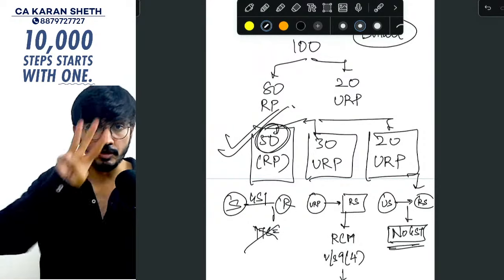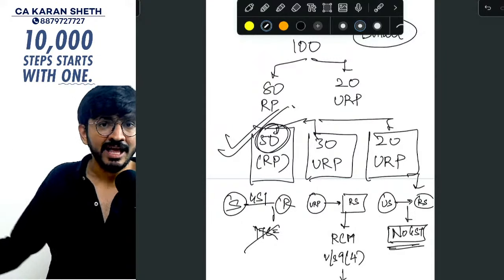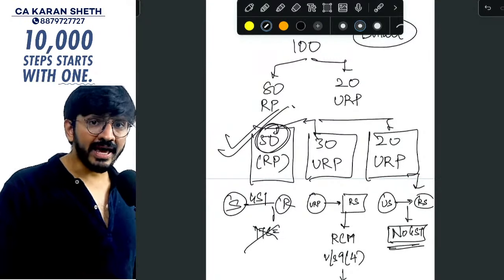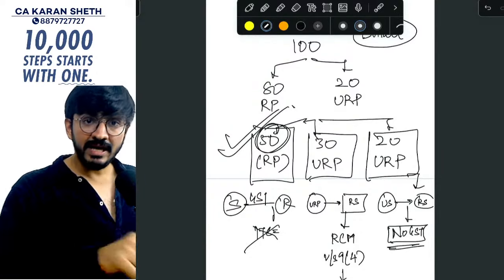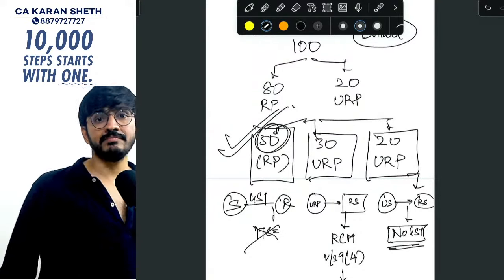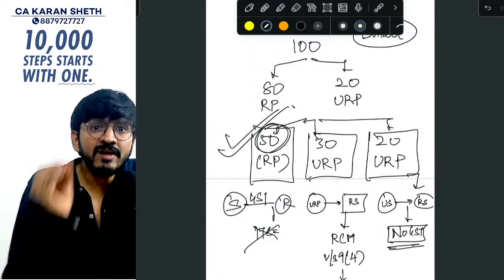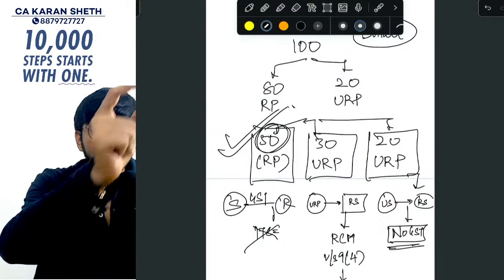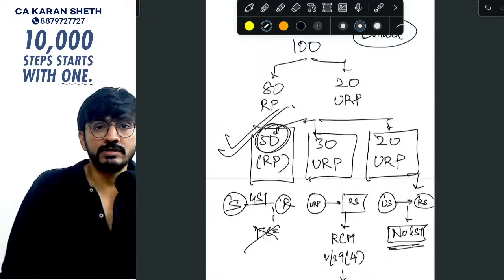Government said RCM for 30, you pay GST now to the government because you are a registered person, and you will not even get the ITC. So again the cost is on that 80. 50 FCM, 30 RCM, and again on 20 no effect. Government wants that at least on 80% of your purchases there is no ITC. It becomes a part of your cost.